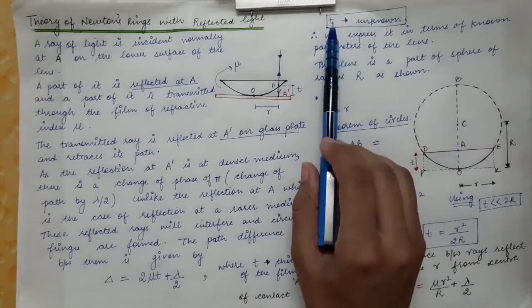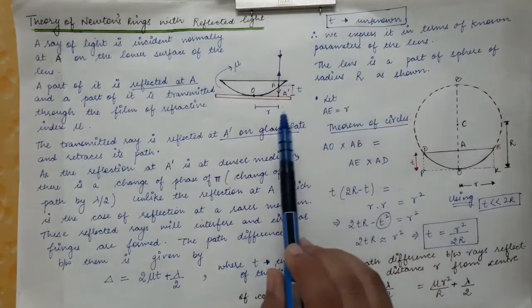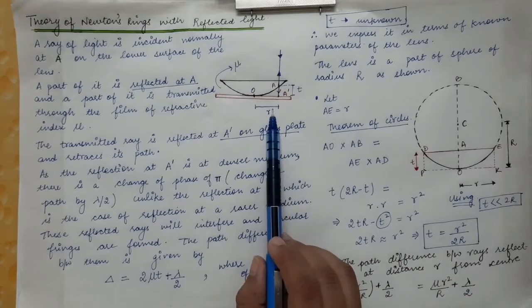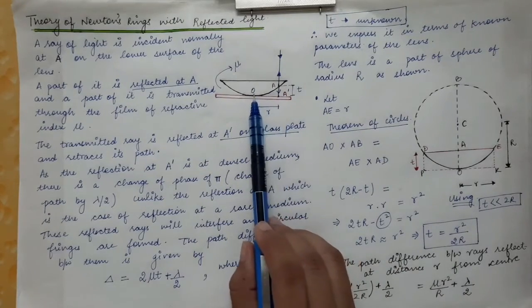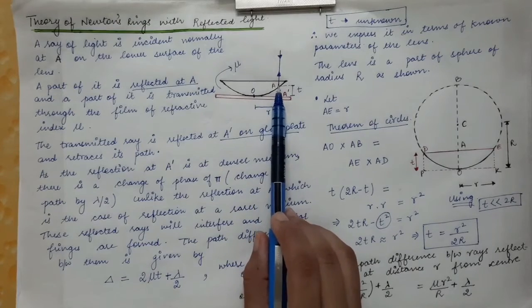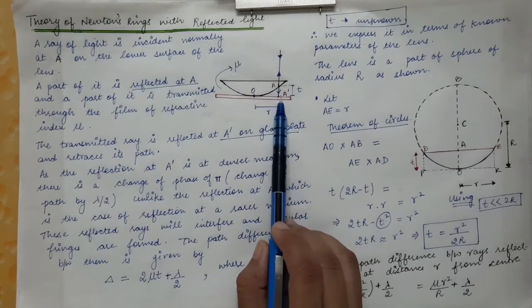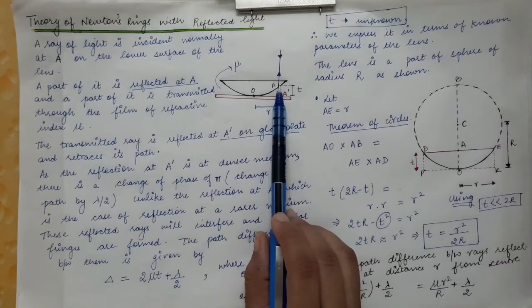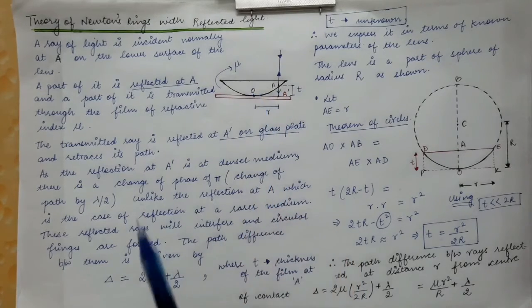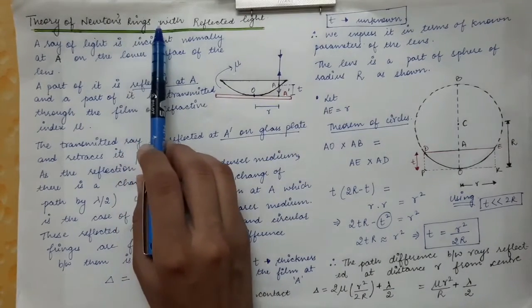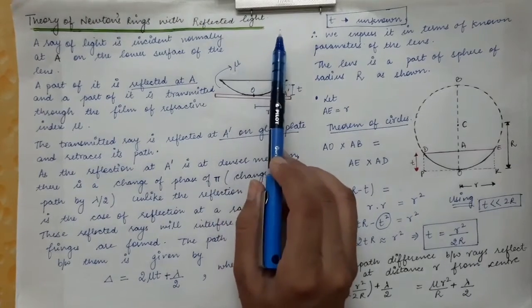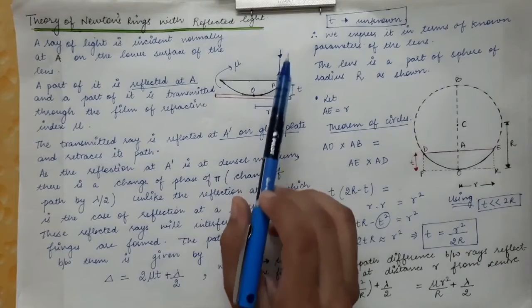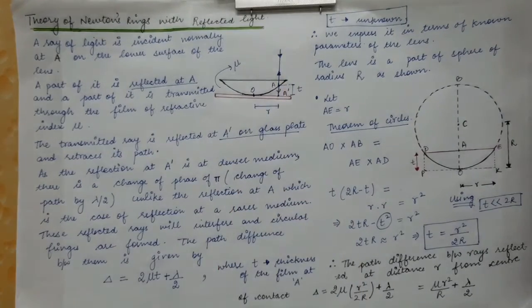Now we want to express this t in terms of capital R, and another parameter is small r. Small r is the distance of this point from the point of contact. So at this point the thickness of the air film is small t, and this same point is at a distance of small r from the point of contact. And we know that every fringe which is formed corresponds to the same thickness of the air film.